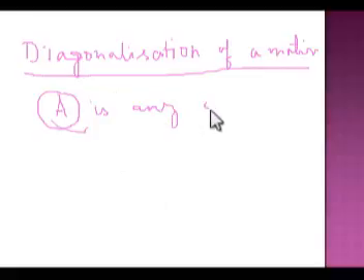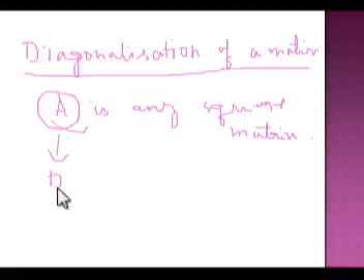Take any square matrix, and through similarity transformation, we will transform it to diagonal form. A changes to D. We must need a model matrix, and we are taking P, which transforms A to D. This is the diagonal matrix.